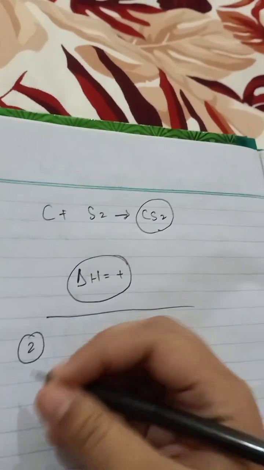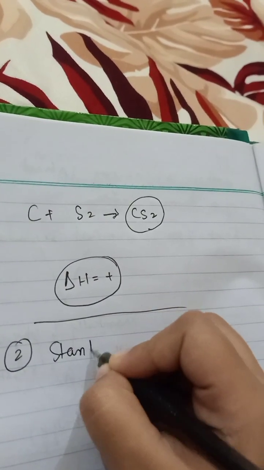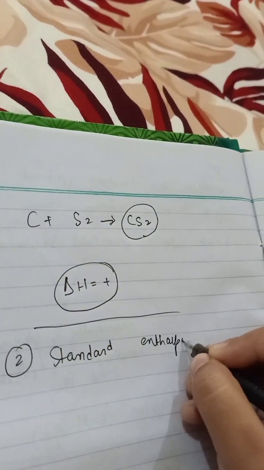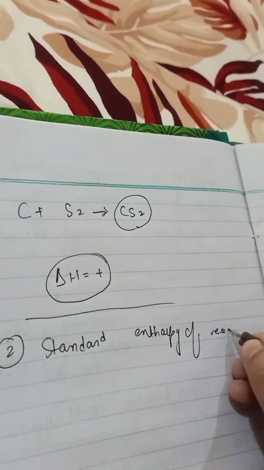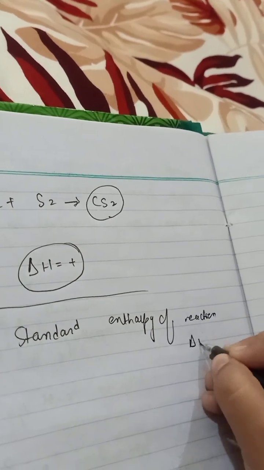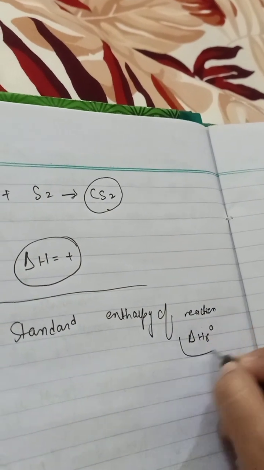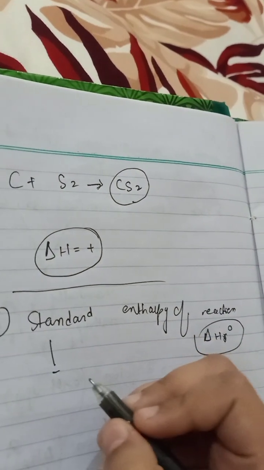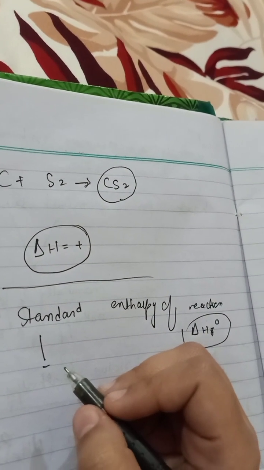The second type of enthalpy is the standard enthalpy of reaction. We can write it like this because of the reaction, and not F naught, R naught. So what's the condition of this standard enthalpy of reaction?